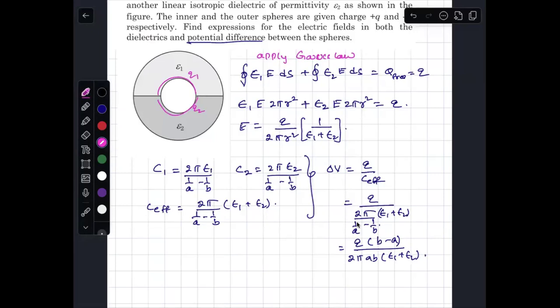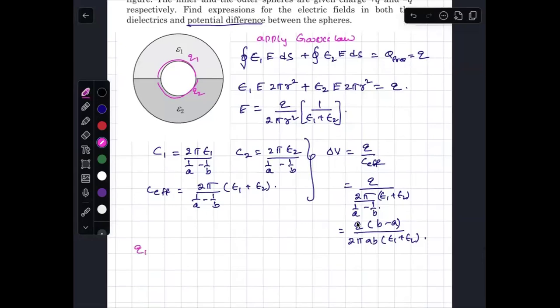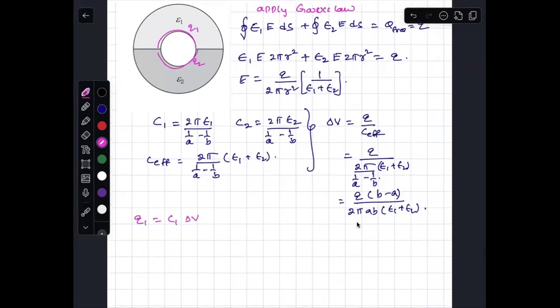How? Simple. Q1 is C1 delta V. So therefore, it is 2 pi epsilon 1 AB by (B minus A) times Q into (B minus A) by 2 pi AB (epsilon 1 plus epsilon 2).